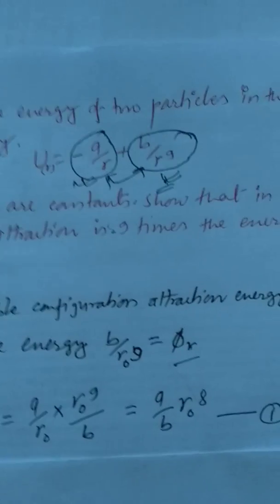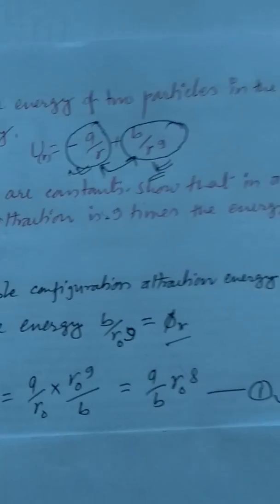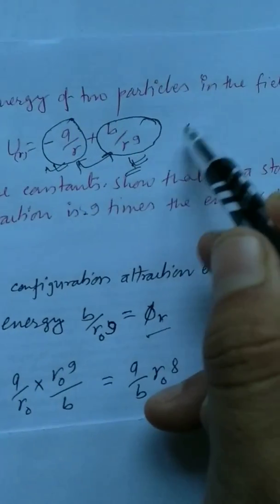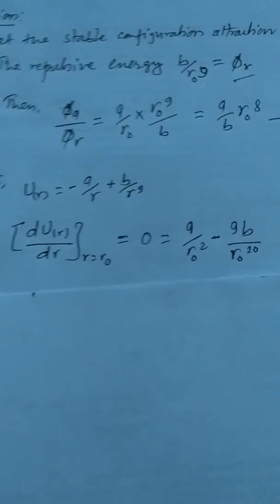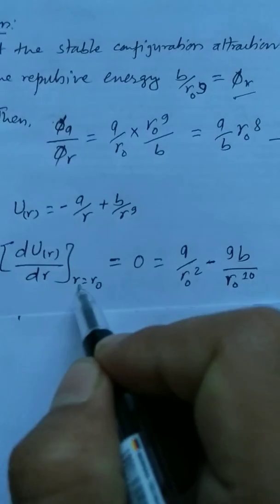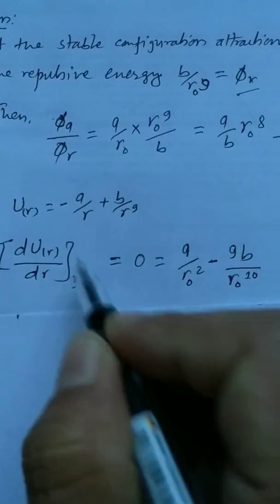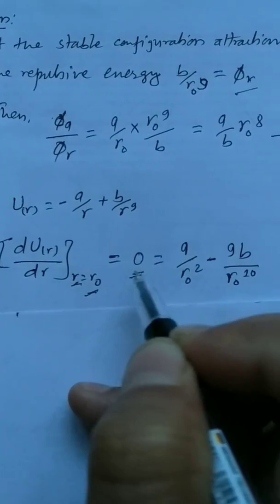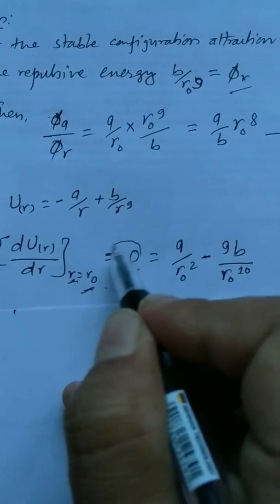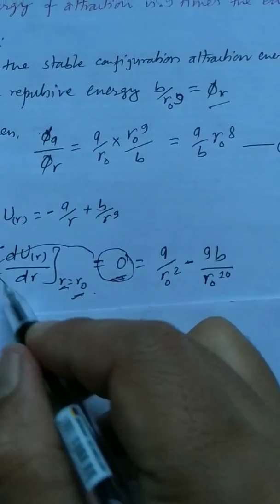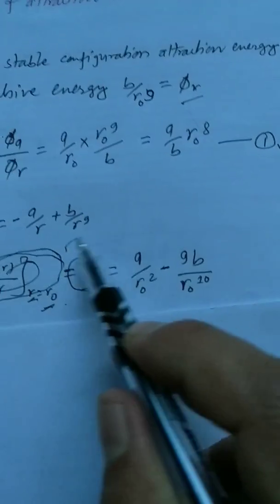On differentiating this equation, we can get this result, and differentiating this equation at equilibrium distance is equal to lattice energy. On differentiating at equilibrium state means it is equal to 0. So we can assume that all this is 0, and only this part we can solve.